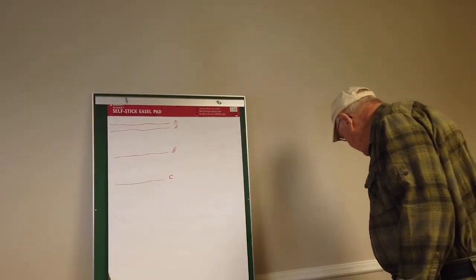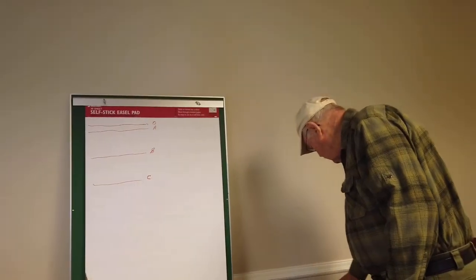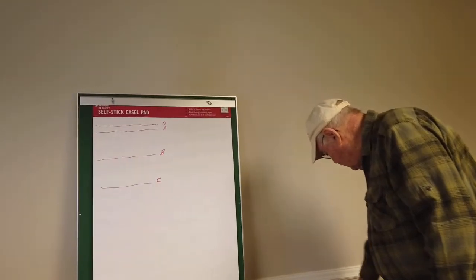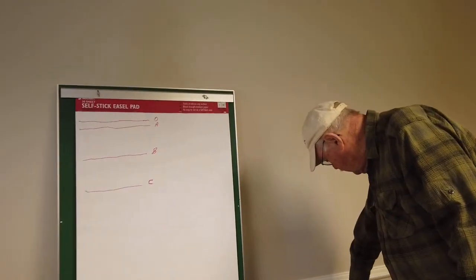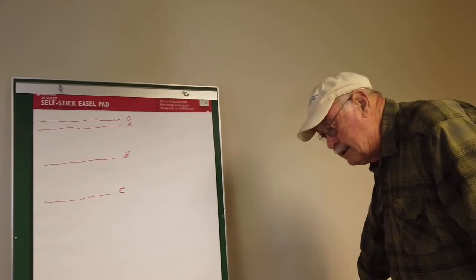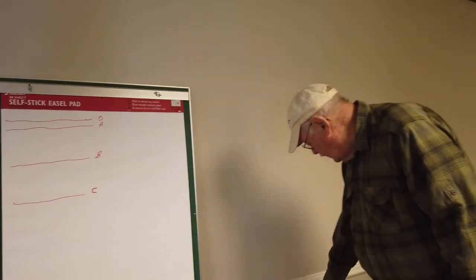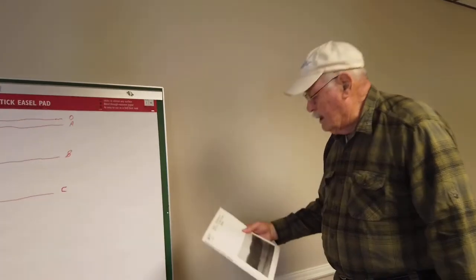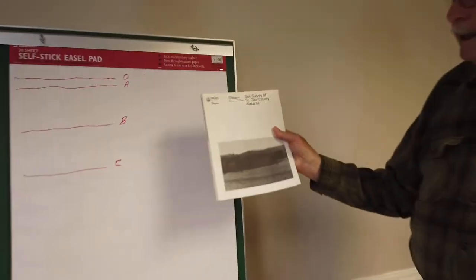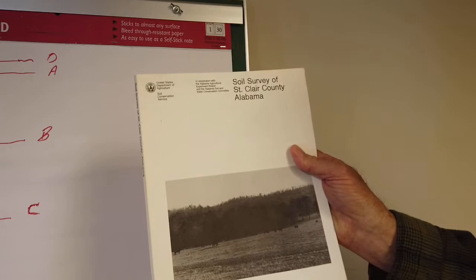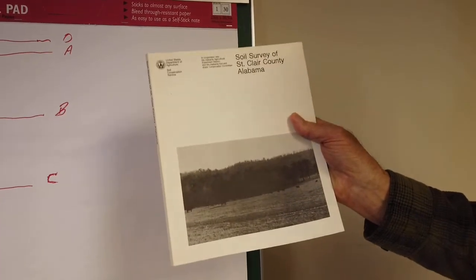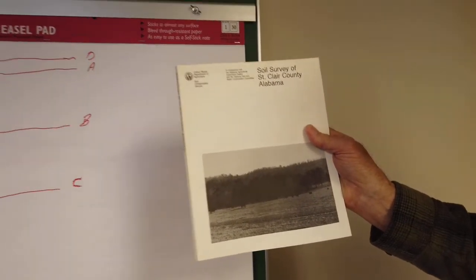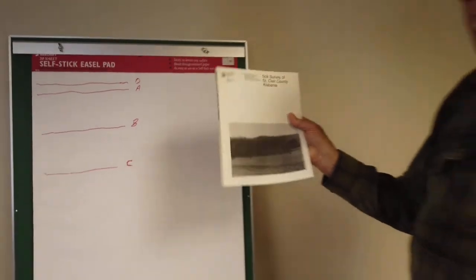The whole county has been mapped, every county in Alabama. And if you go to your NRCS office, you can get a book if you wanted one. This is one right here of St. Clair County, and it's been done. It'll tell you what year it was done inside the book and everything if you wanted a copy of it.